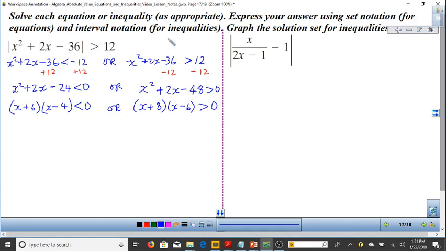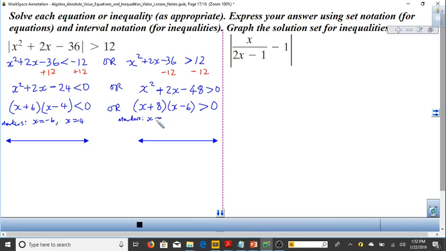So when you solve both of these inequalities, what you simply do is put a pair of markers that represent what would happen if it was equal to 0. So my two markers on the left inequality are x equal to negative 6 and x equal to 4. And over here, the markers are x equal to 8 and x equal to 6.